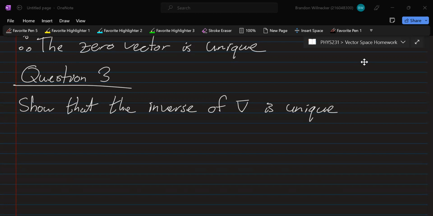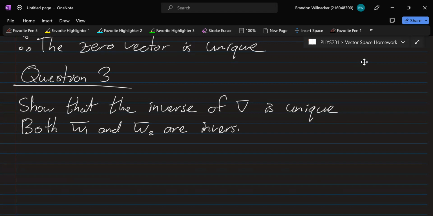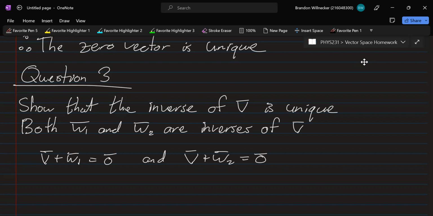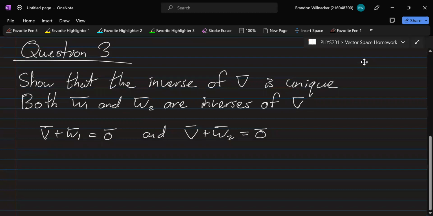So let's say W1 and W2 are both inverses of V. Okay, so what does it mean to be an inverse? It means if you add it to the vector, you get back the zero vector. So we know that V plus W1 must be the zero vector, and V plus W2 must also be the zero vector, because they both are inverses of V.